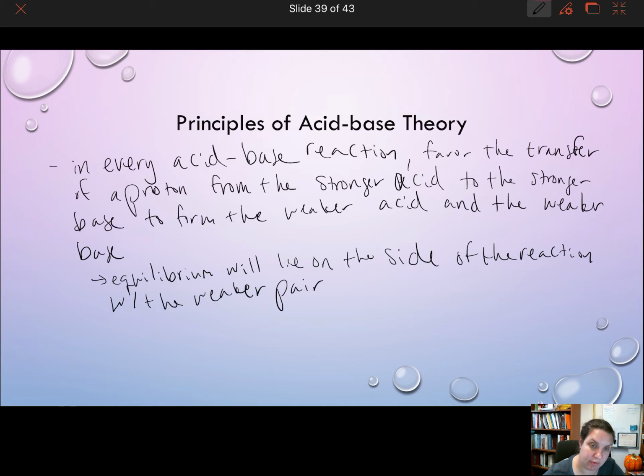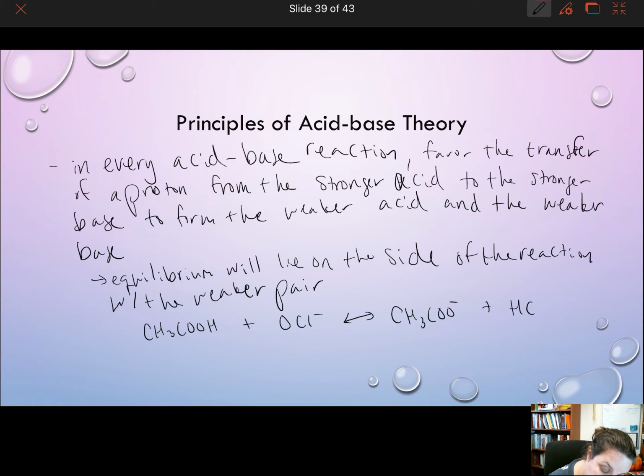So for instance, let's take the following reaction where we have CH3COOH reacting with OCl minus, producing CH3COO minus plus HOCl. Okay.